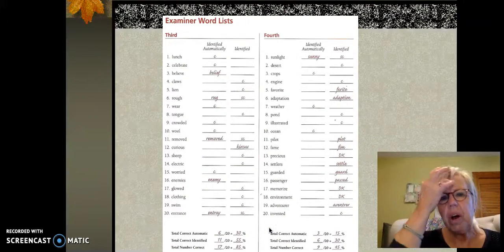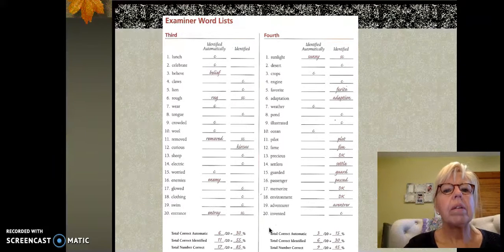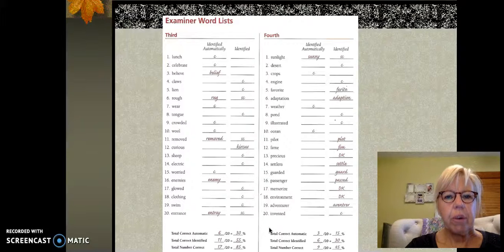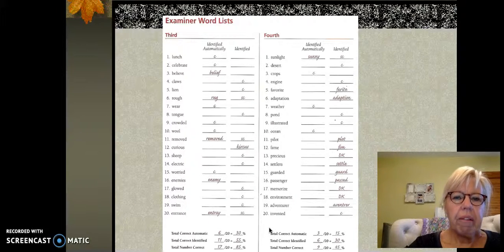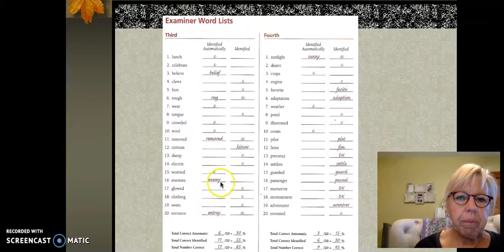Okay, so this is what your sheets of the word lists are going to look like. And notice you've got the word list on the left, and the student will have on their copy the word list, and that's all they'll have. Maybe they may have a couple of levels of word lists on their page. But yours, you're going to have these two columns here, identified automatically.